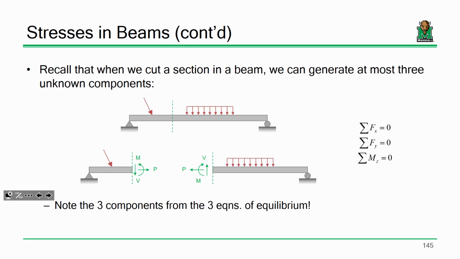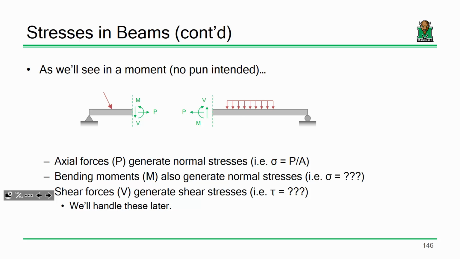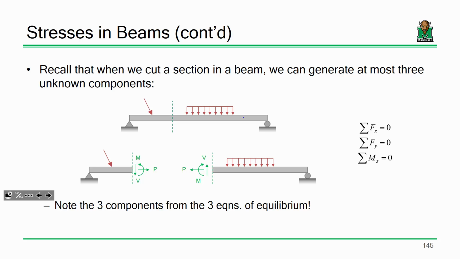Okay. In order to assess them, we need to understand two concepts: shears and moments, which we just talked about, and we need to understand section properties. Now, if I take a beam subjected to any random loads and cut a section, I get at most 3 unknown components of forces, right? A force in the x direction, a force in the y direction, and a moment.